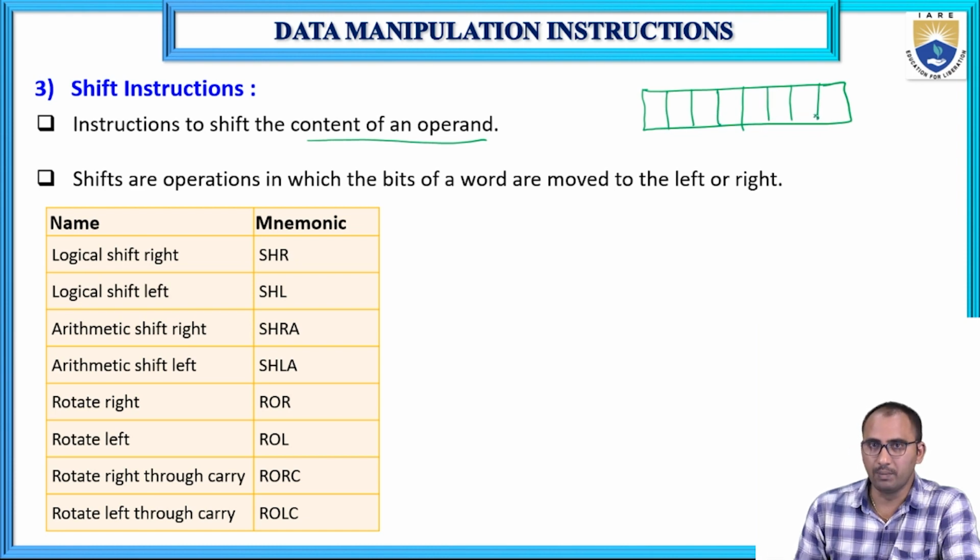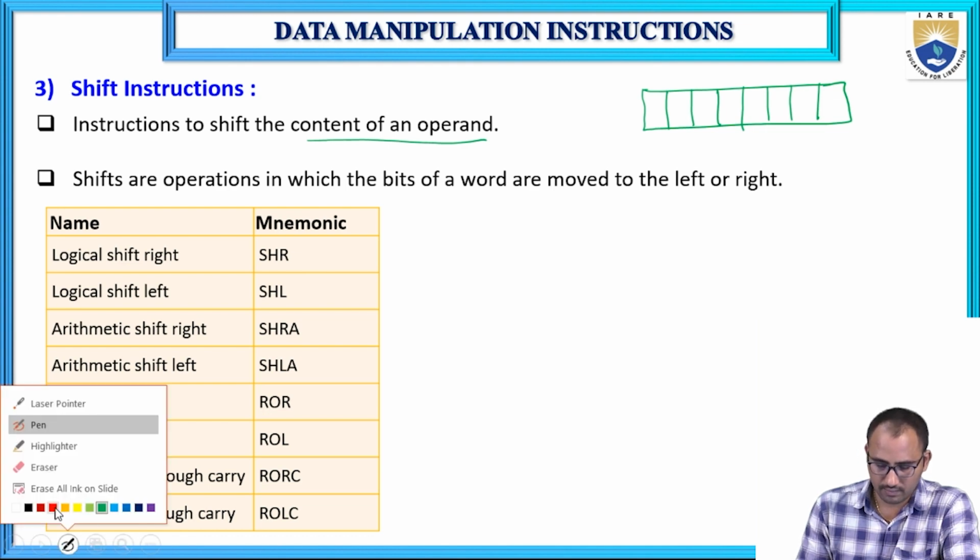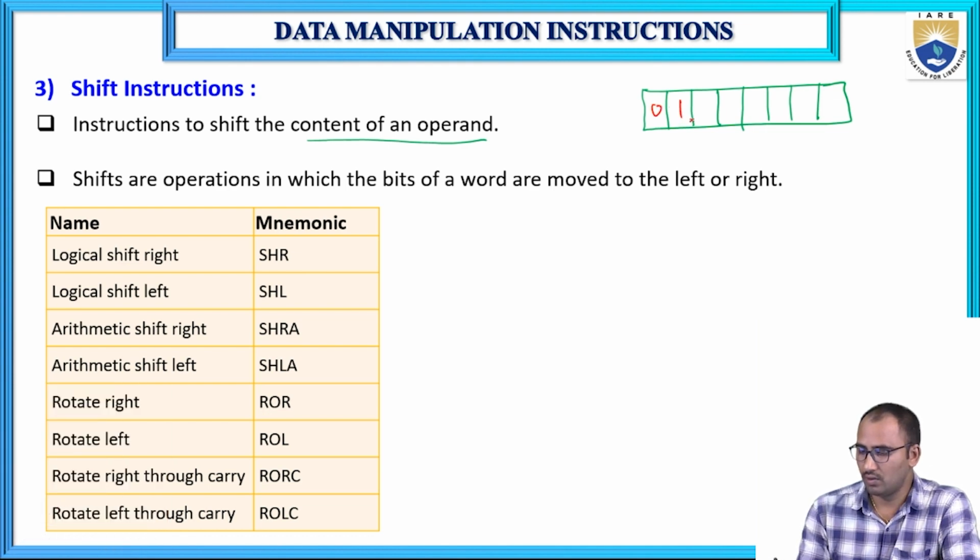In this we have some data. This data we can shift either to the left side or to the right side. Either operation we can perform. So these are called shift instructions.